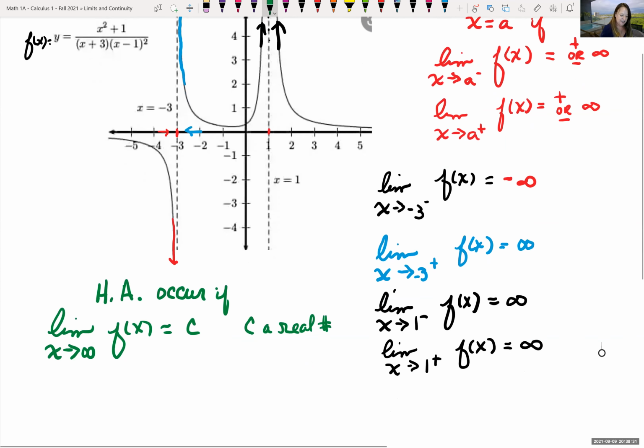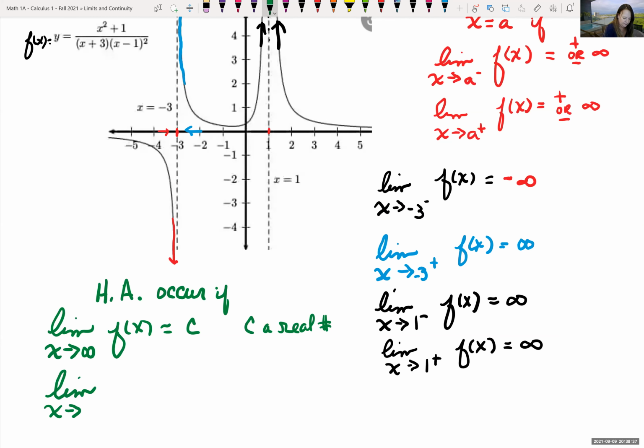Same sort of idea for the limit as x approaches negative infinity of f of x. This would also go to one y value, and it might not necessarily be the same one, so I'll just say d.